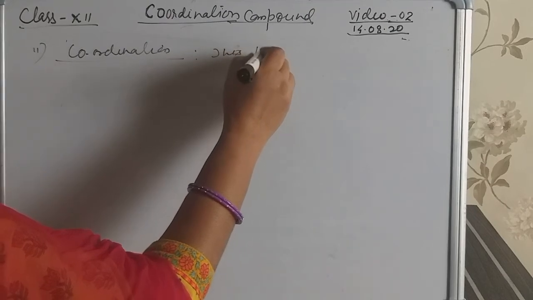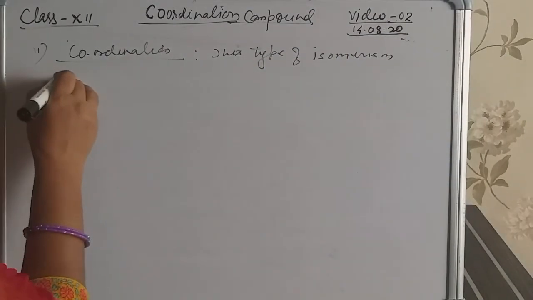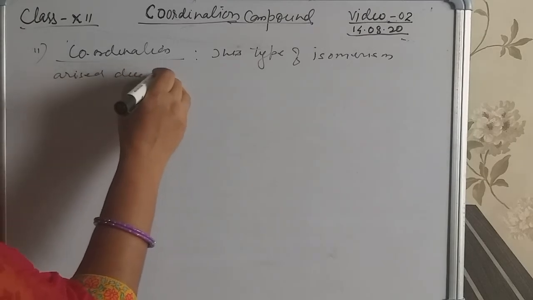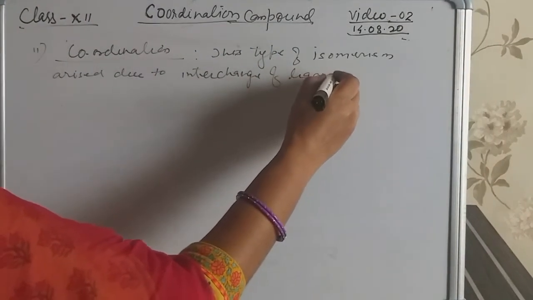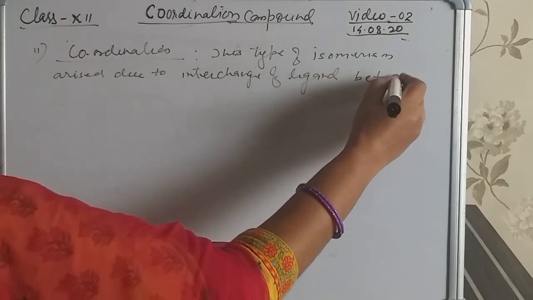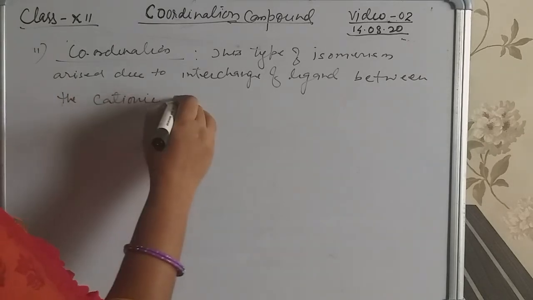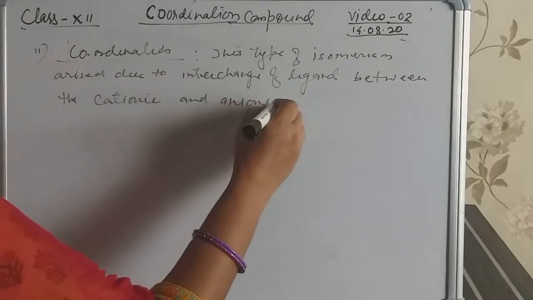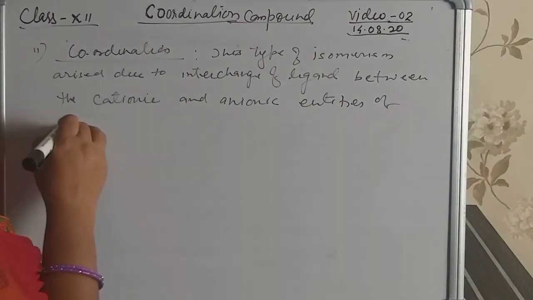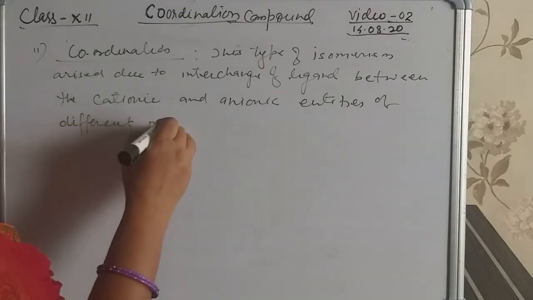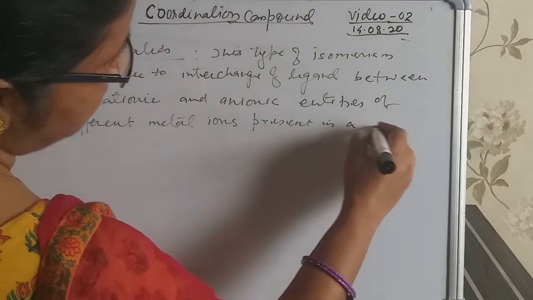This type of isomerism arises due to interchange of ligands between the cationic and anionic species, mostly entities of different metal ions present in a complex.